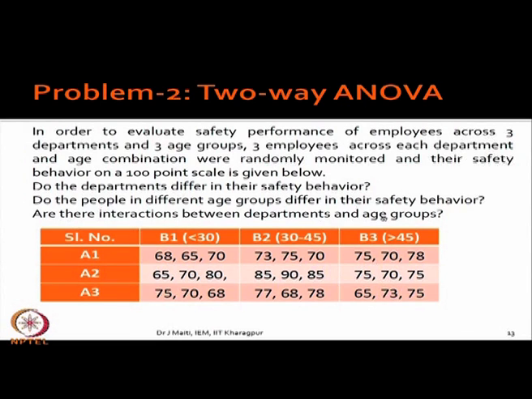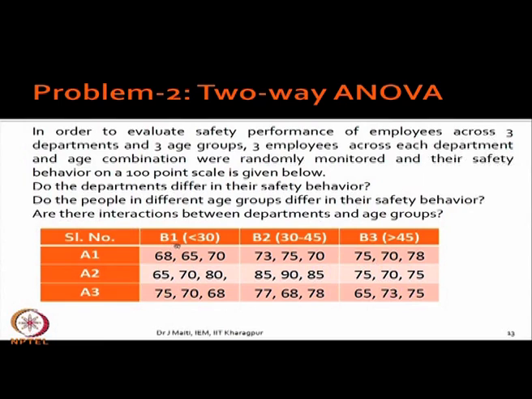Getting me? Now, if your query is only the first one and you do not consider that age is an important factor, then it is only one-way ANOVA, what we have done earlier. But we are saying that department is not only about the working condition, but also the people's behavior, people's expertise, people's thinking, which does not come under department.